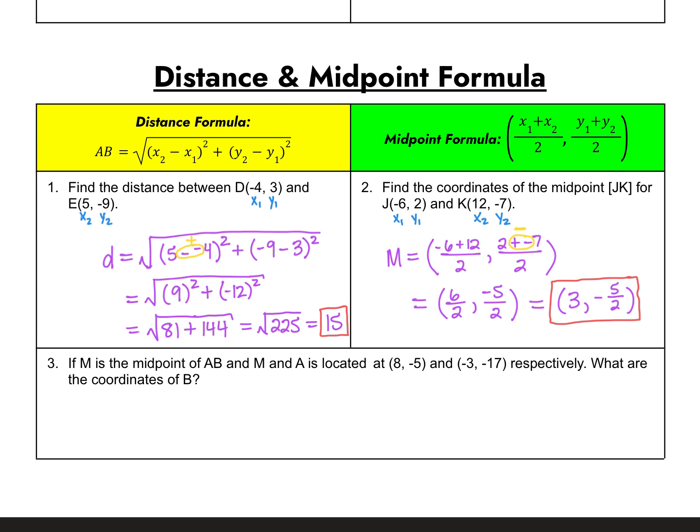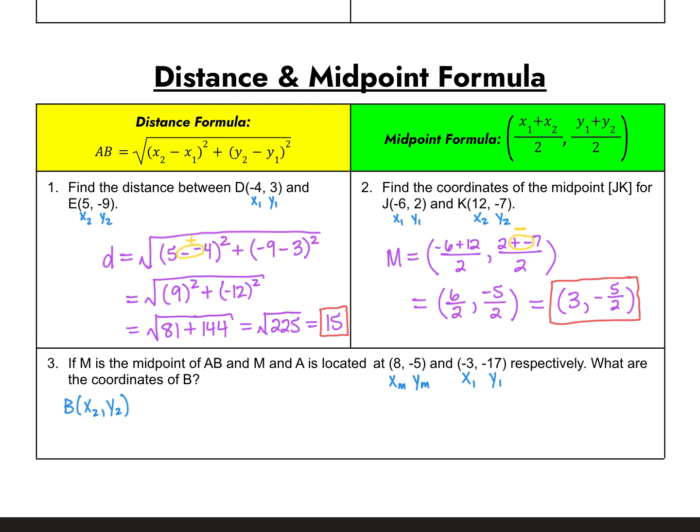So I can set up an equation with that. Remember, it says M and A. So M is the midpoint. This is the x value of the midpoint, this is the y value of the midpoint. This is going to be x1, and this is going to be y1. The coordinates of B, because we do not know them, are going to be x2, y2 for right now.